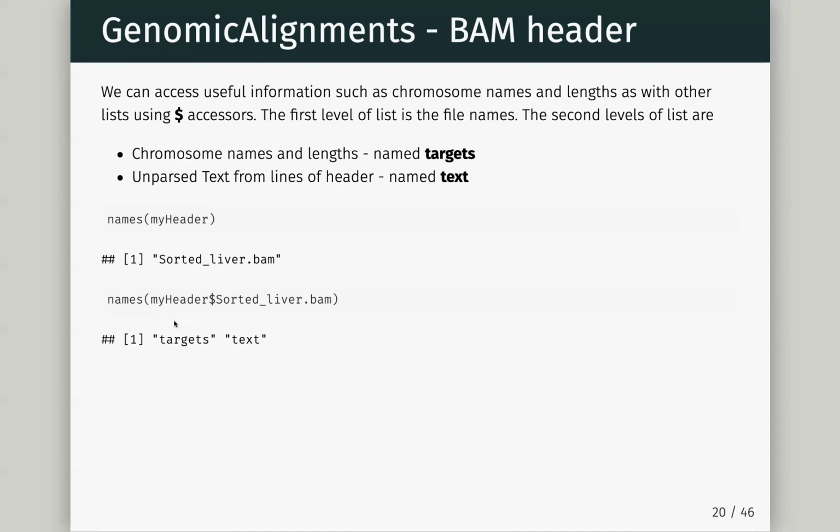So we can use the dollar to access the elements in our list. And from there, we'll get either the targets. So we could do myheader dollar sortedbam dollar targets, or myheader dollar sortedbam dollar text, and that will extract this various information.